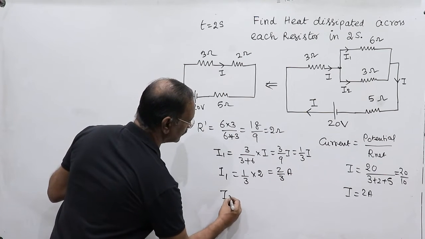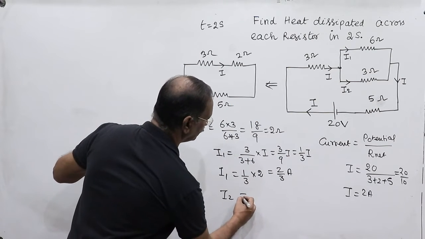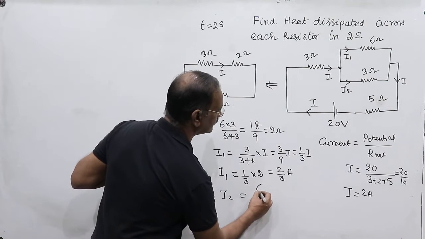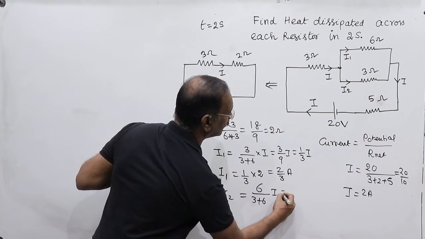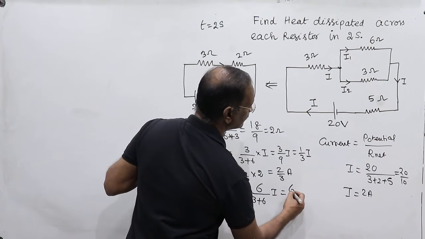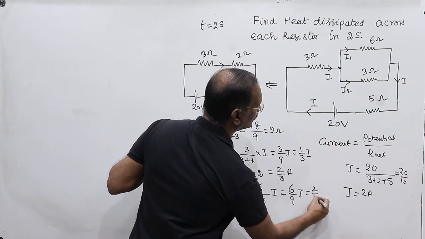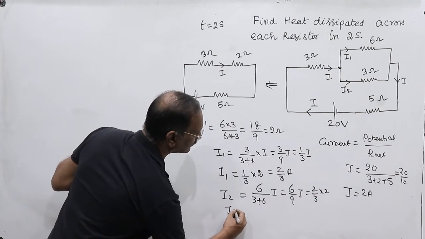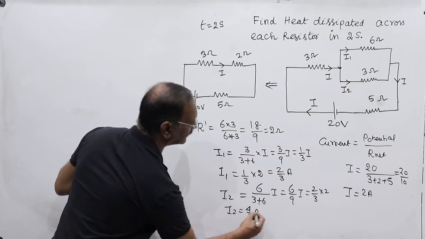And I2, the current flowing in this branch, we will use the same shortcut formula: for this branch, write this in the numerator, add these two, in times of I, that is 6 by 9 I, is equal to 2 by 3 I. So I2 is equal to 4 by 3 ampere.